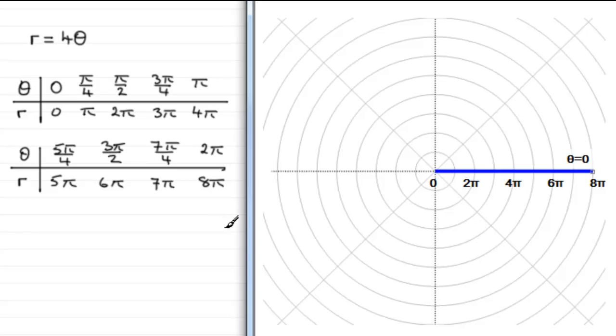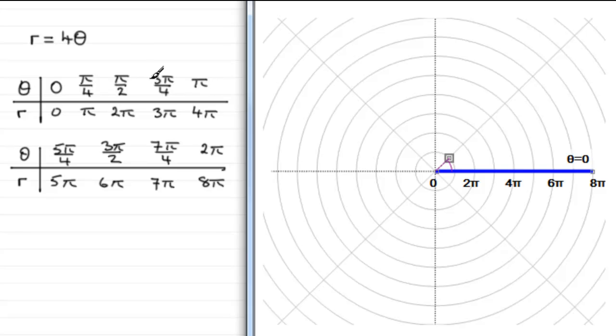Now when it comes to plotting the points, if we take the first point here, it's at the origin, the pole, 0, 0. Theta equals 0, and r is 0. Then we go to theta equaling pi upon 4, and we see that r is pi. Now for theta being pi upon 4, that's going to be along this line here, the equivalent of 45 degrees, and r is pi. That's on this inner circle here, so we've got a point here.